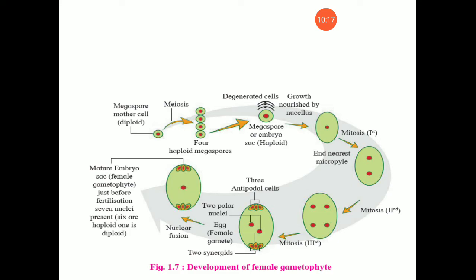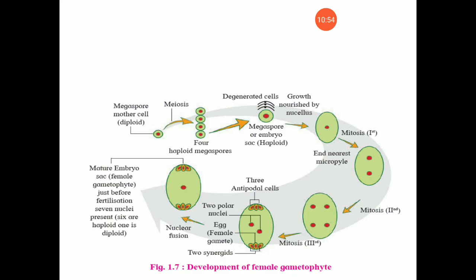This is followed by cellular organization to form three-celled egg apparatus at micropylar end, three antipodals at chalazal end, and two polar nuclei remain in the center. Thus, 8-nucleated, 7-celled female gametophyte is formed within the functional megaspore.